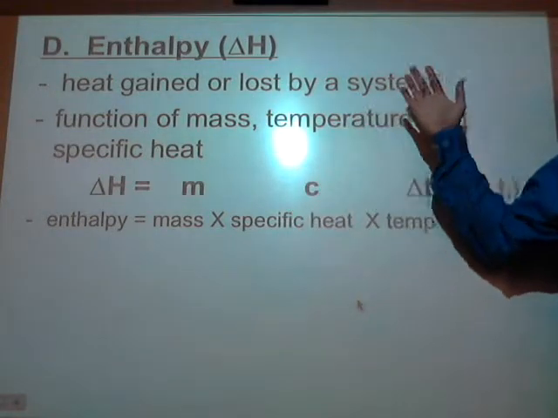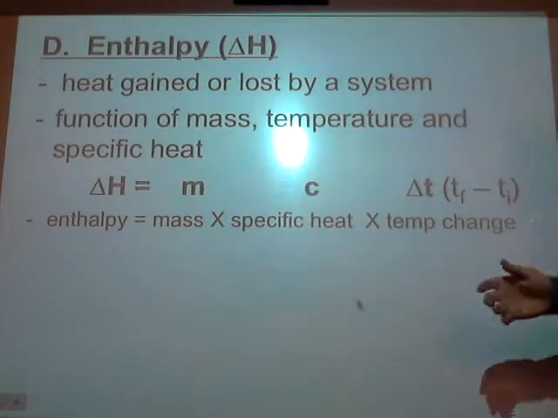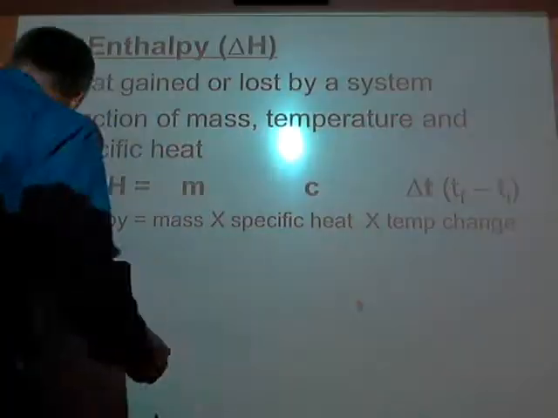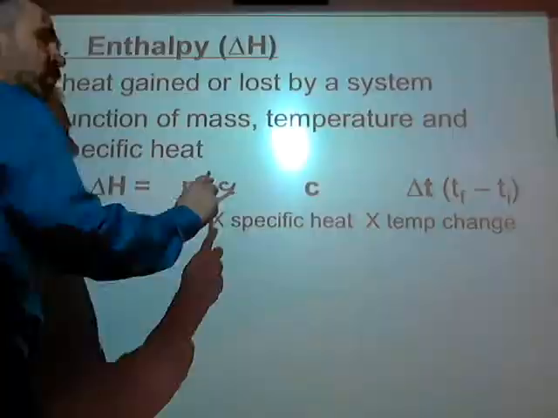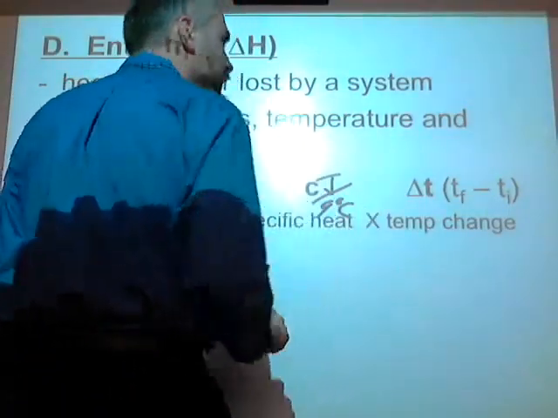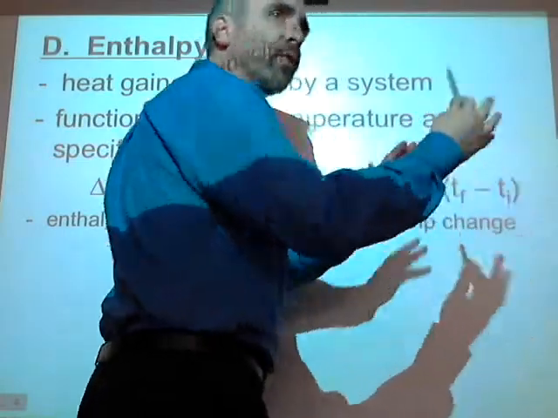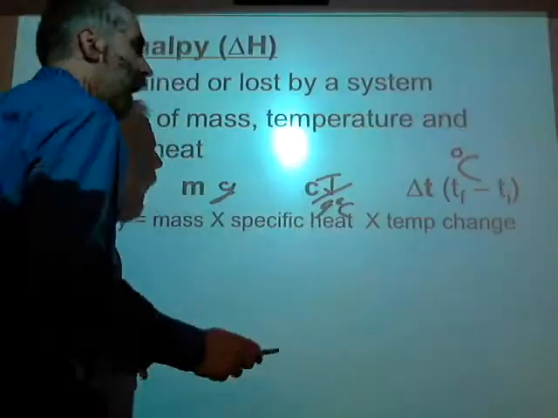Well, here, enthalpy, heat change, has to make sense. Because if you think about it, your mass is in grams. Your specific heat, as you looked up in Appendix E, is in joules per gram degrees Celsius. And your temperature change, after you subtract them, is how high you're heating it, and will be in Celsius. So what happens?